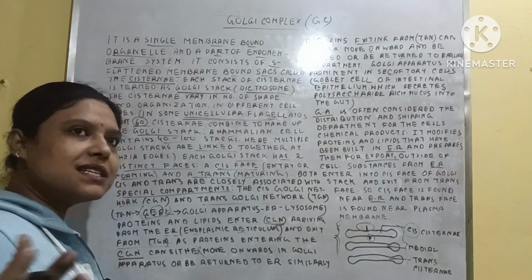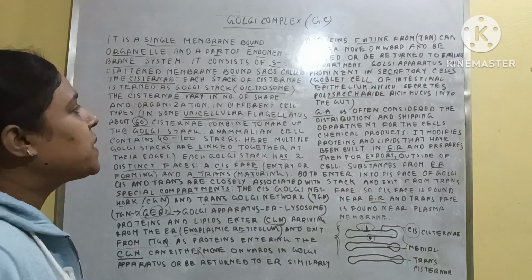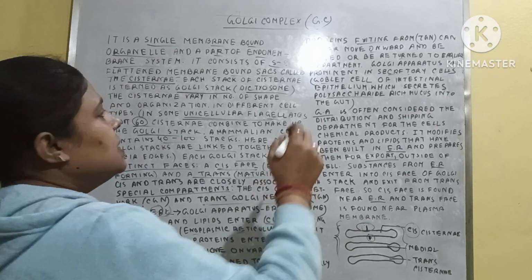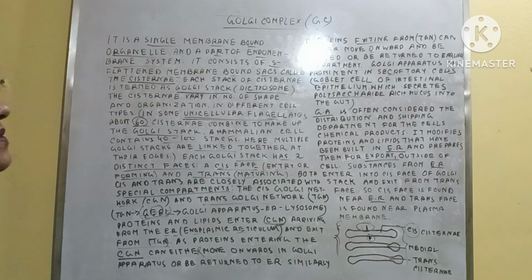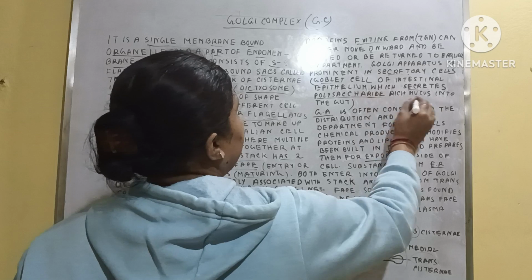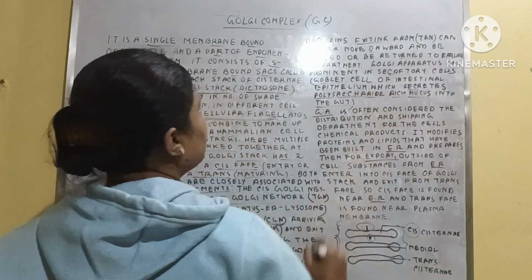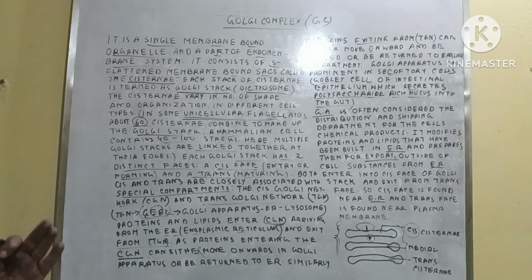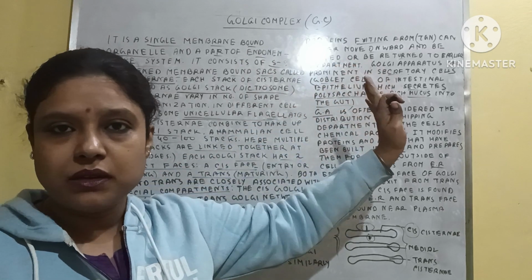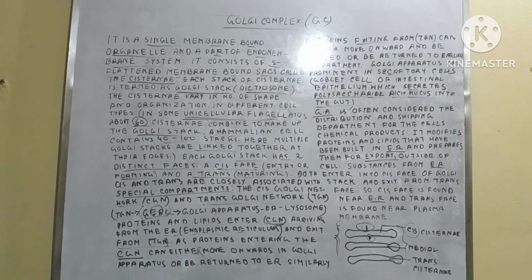This cell of the intestinal epithelium is very important, and here many Golgi apparatus are present. It secretes polysaccharide-rich mucus into the gut. So the Golgi apparatus must be present, because without it no secretion is possible.